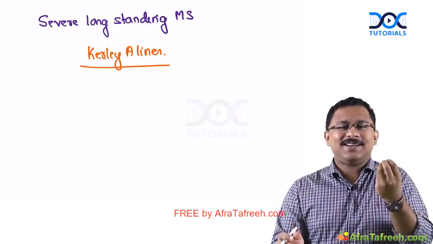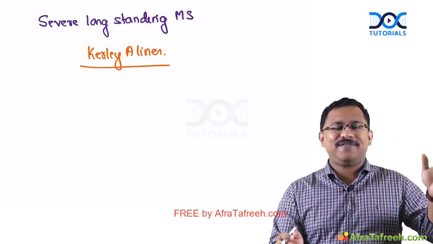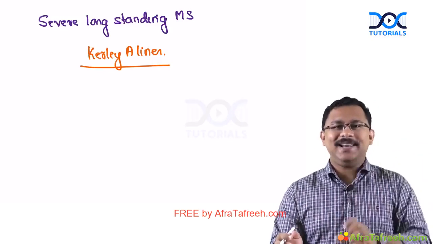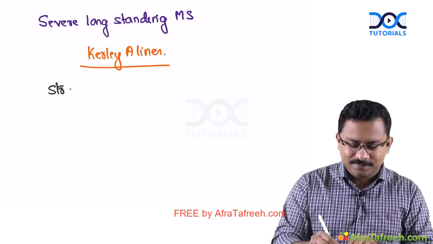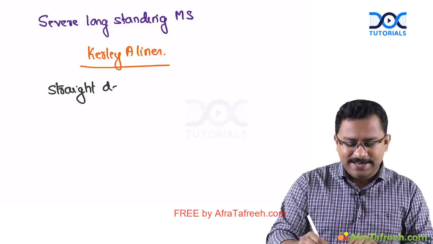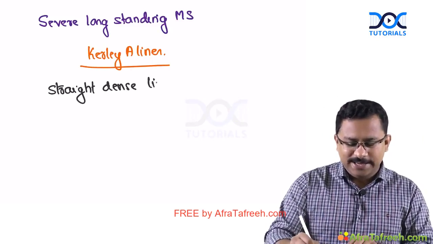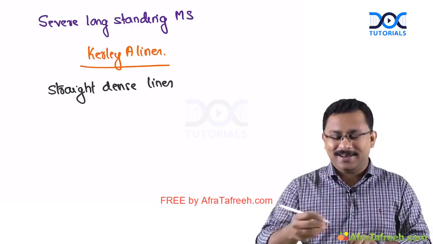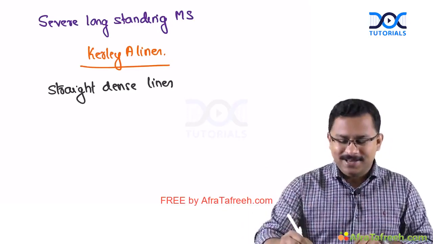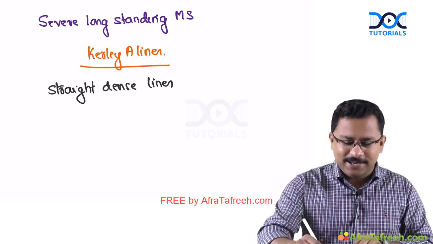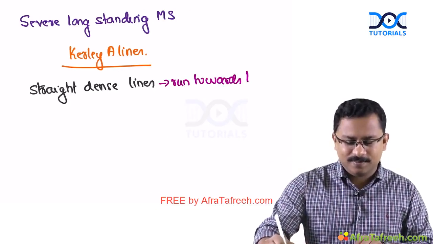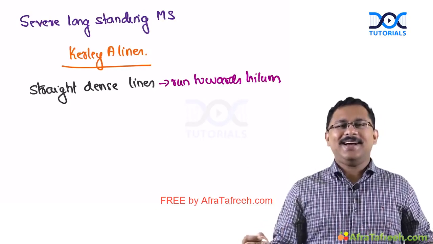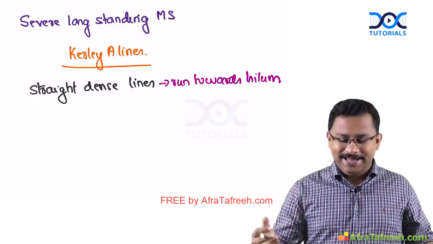The important point is that they run from the periphery towards the hilum. So that is curly A lines.